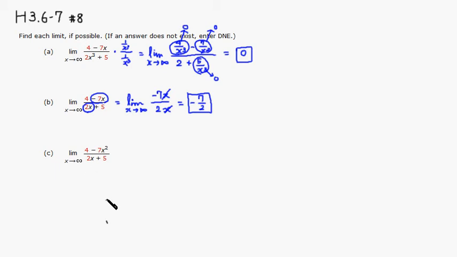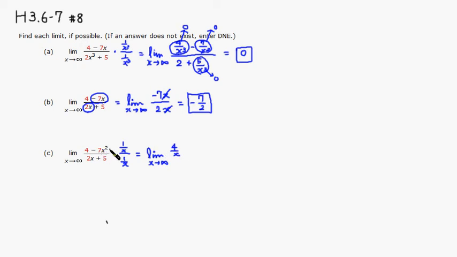On the next one, I'm going to try the first method. If you look at the bottom, you see that the highest power is x. So I'm going to divide top and bottom by x. Then you have a limit as x approaches infinity. 4 divided by x is 4 over x.